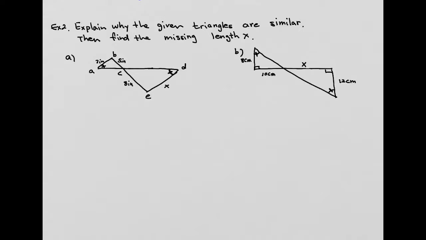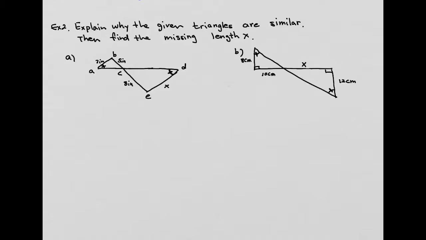The second example we're going to look at is the same thing as example 1, but we're doing one more step to find the missing lengths. So we're going to verify that two triangles are similar by showing all three angles are the same, and then using the proportional lengths, we're going to find the missing lengths.